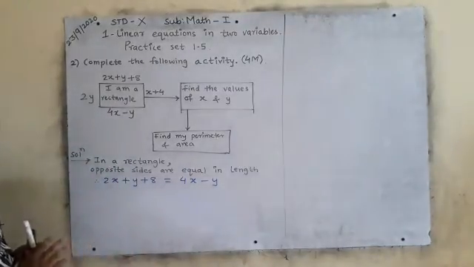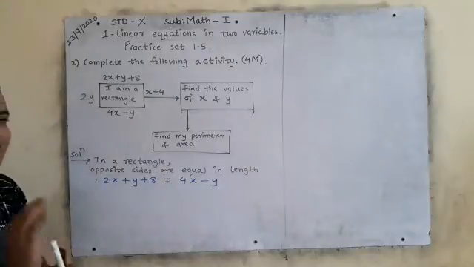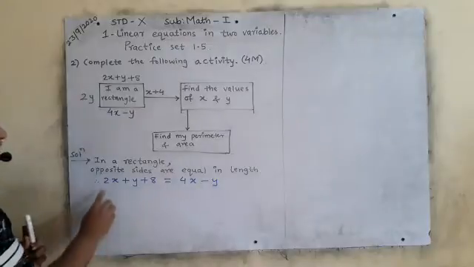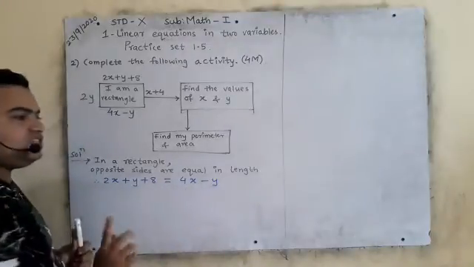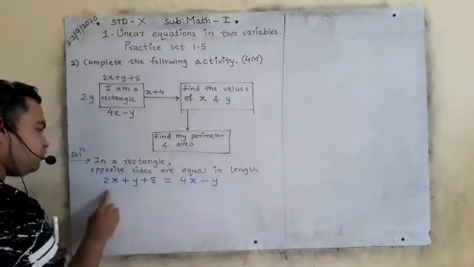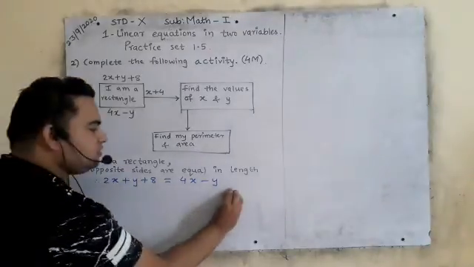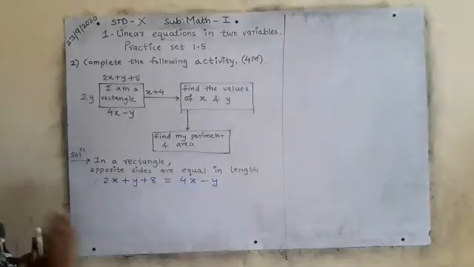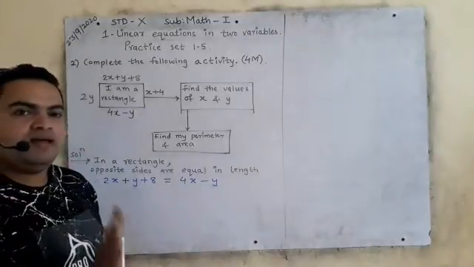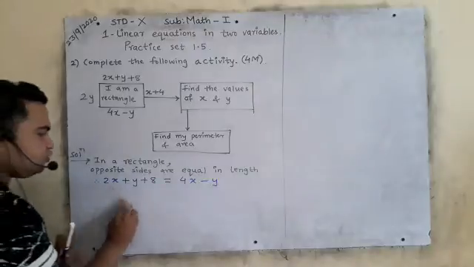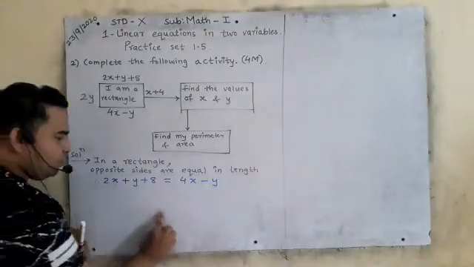My dear students, now tell me, always keep the x variable on the positive side. So this is 2x and this is 4x. Which is bigger, 4x or 2x? 4x is bigger. It means this 2x will go to the bigger side. Always keep the x variable positive so that it will be very easy to solve. I will take this 2x there, and I will take this y also there.